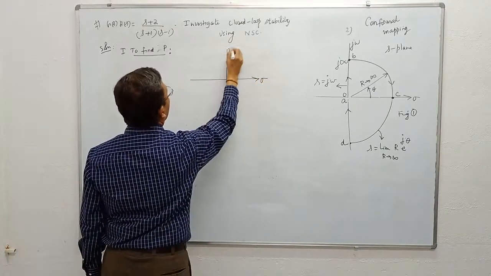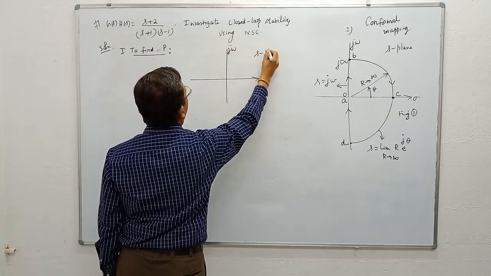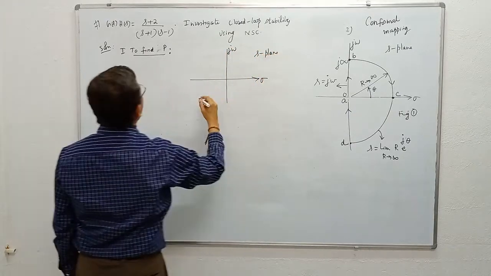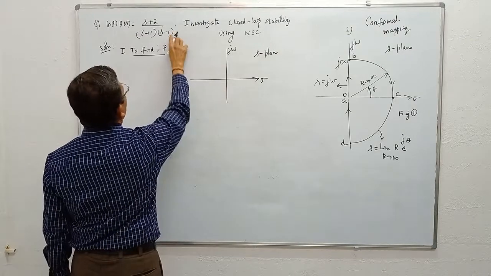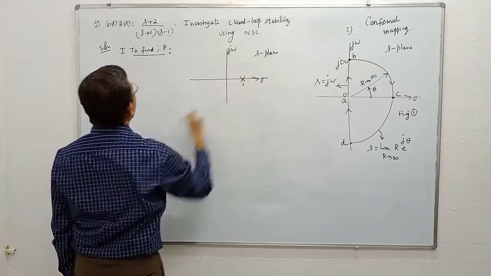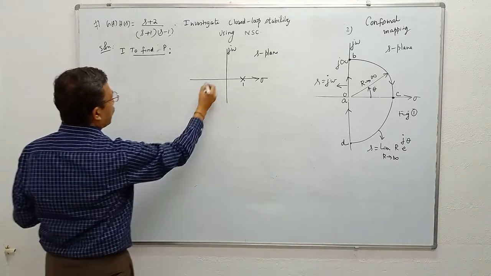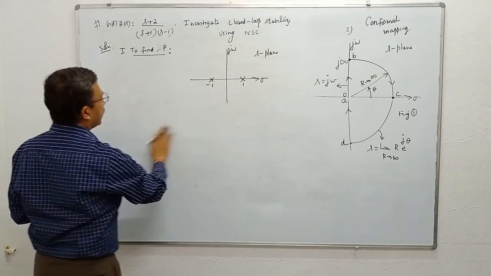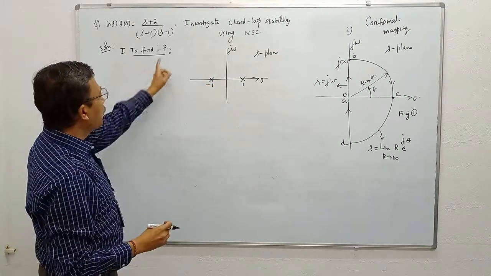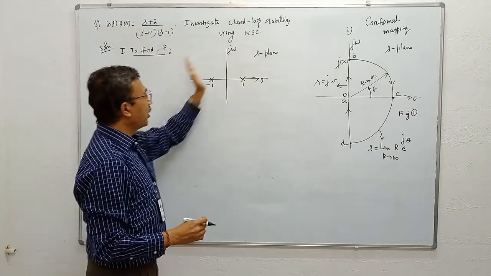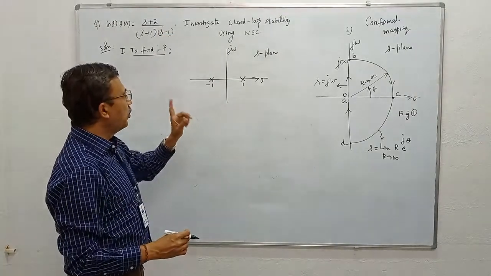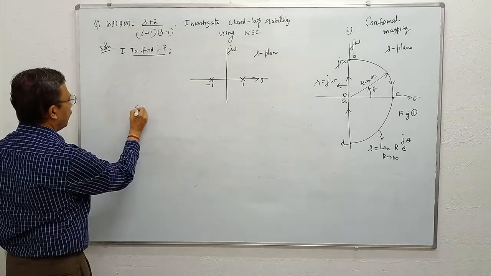The S plane is a complex plane. We have one pole: S minus 1 equal to 0 gives the pole at S equal to 1. S plus 1 equal to 0 gives the pole at minus 1. Since one pole of G of S, H of S is on the right side of the S plane, P equals 1.